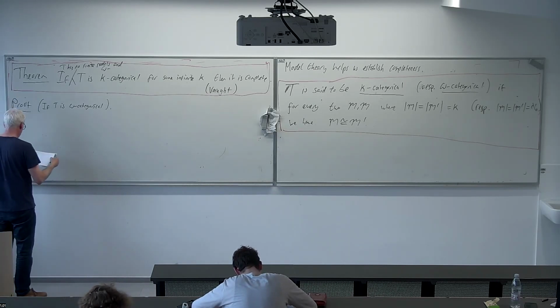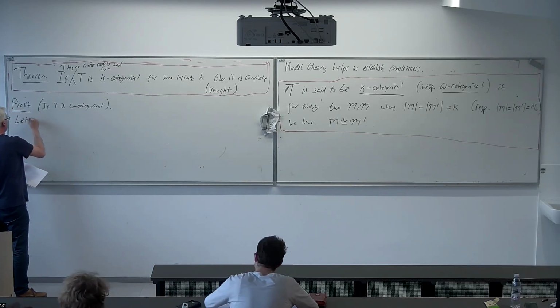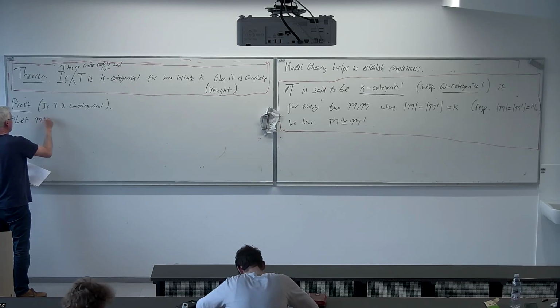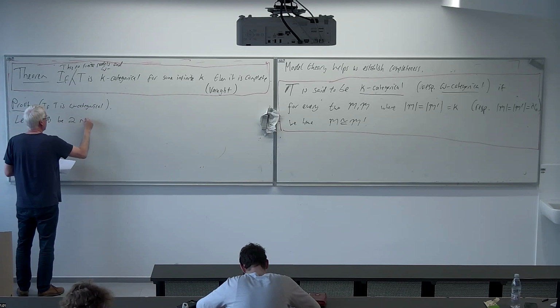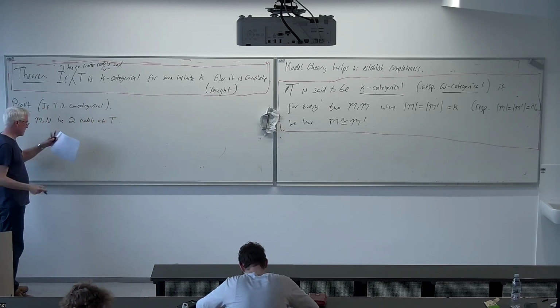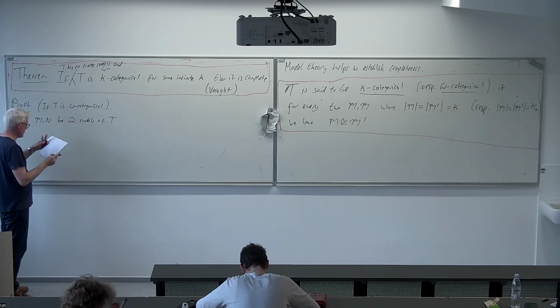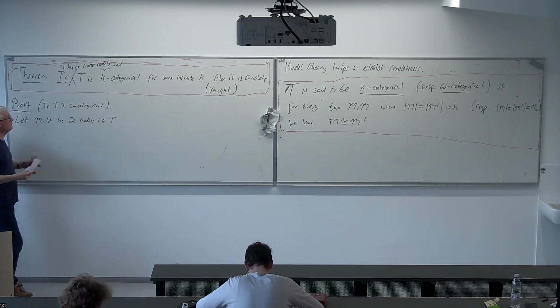So it's very easy. Let M and N be two models of T, not necessarily of the same cardinality.